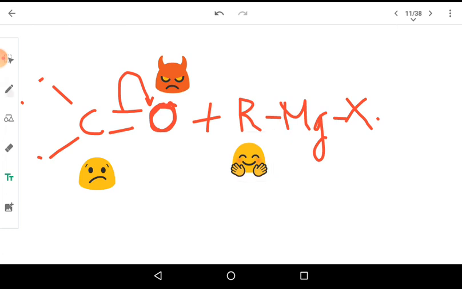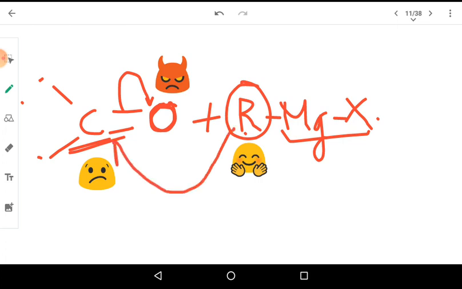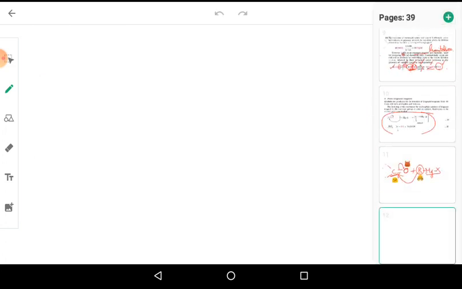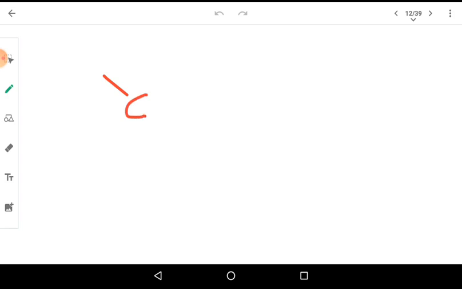And this part is a very cunning fellow. The R group will say, don't worry carbon, I will give you electrons. So now this R group is going to donate the electrons to the carbon, as a result of which there is a formation of bond between the carbon and R group. So what is happening? I will just make the arrangement here. We have a carbon and the R group is attached.